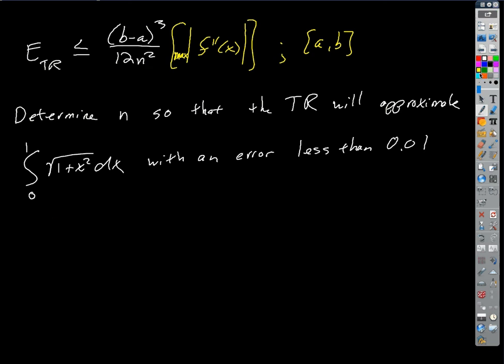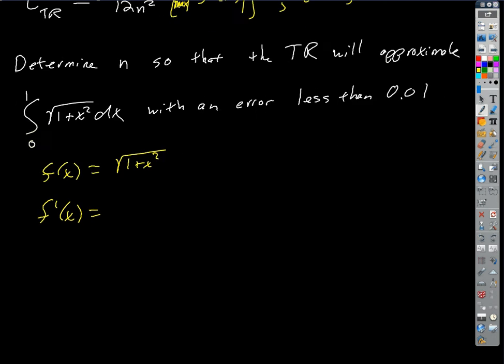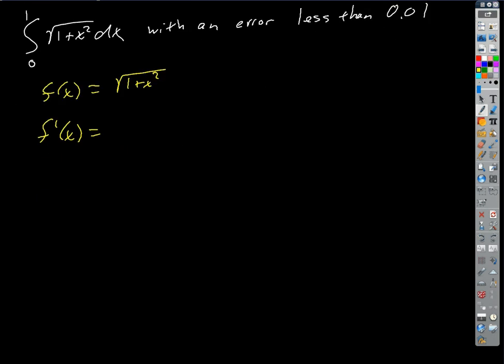So if f of x equals the square root of 1 plus x squared, what's f prime of x? 2x, good. So we have a chain rule issue, don't we?